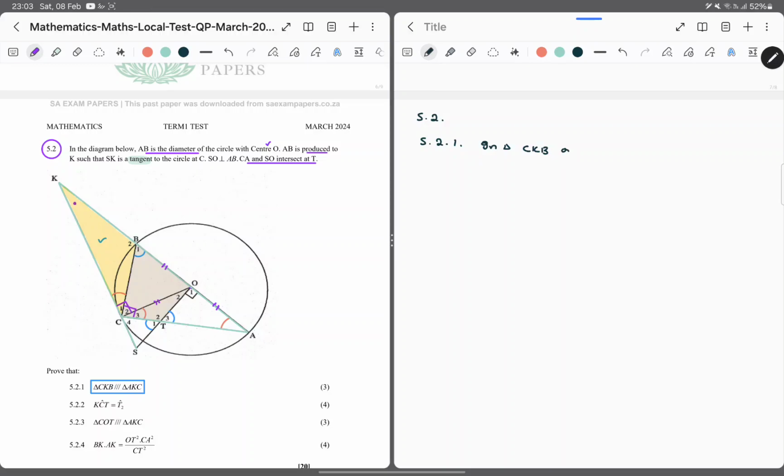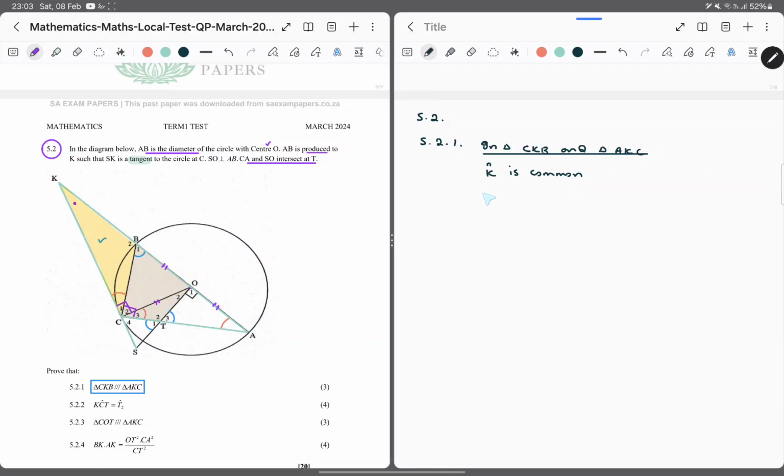CKB and triangle AKB, sorry, AKC, we know that angle K is common. Okay, number one.